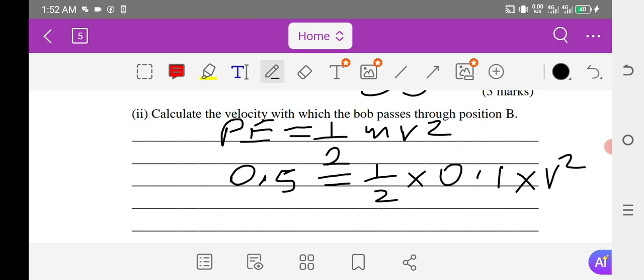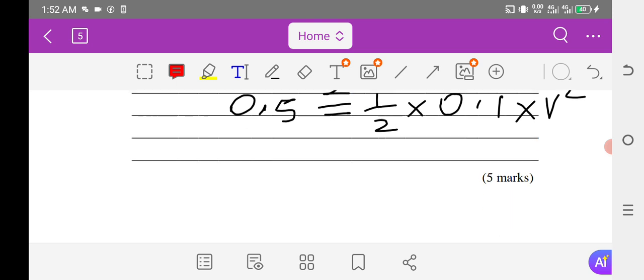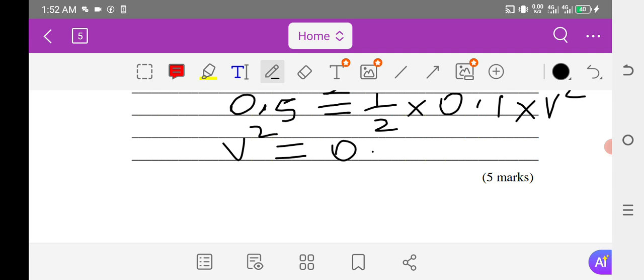In this case, we need to make v squared the subject of the formula. So v squared is equal to 0.5 times 2 divided by 0.1.